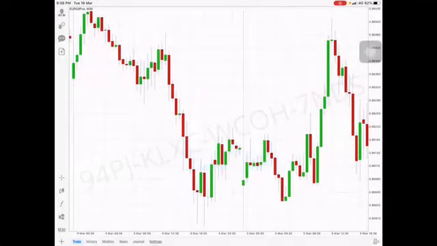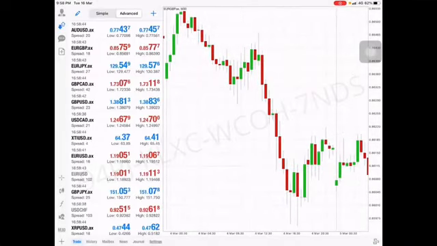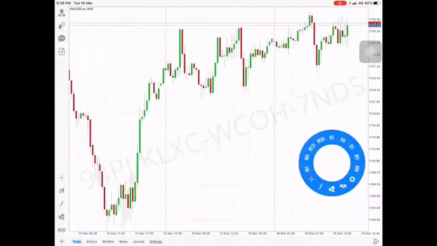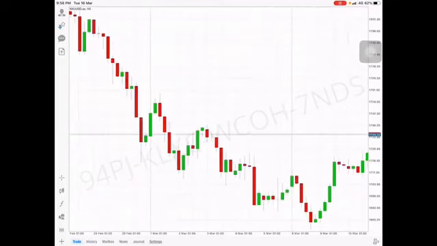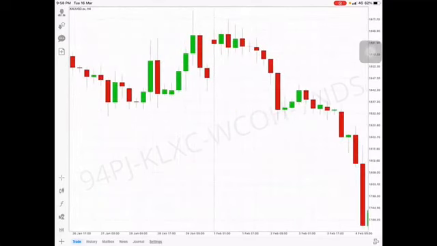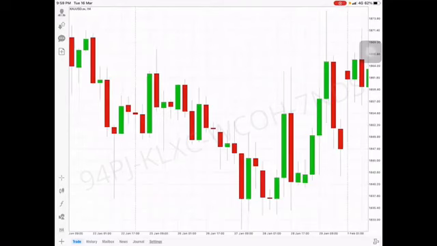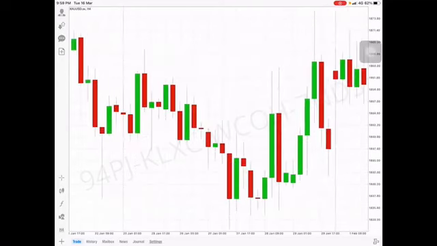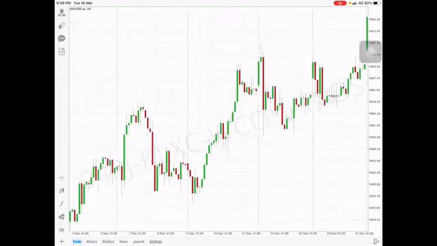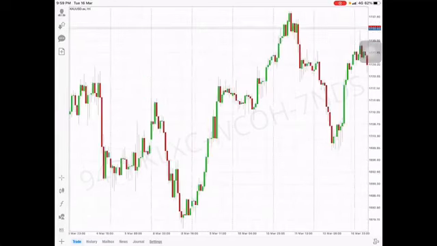Let's see. I'm gonna use the gold chart because I'm used to gold. It's easier for me to use and to show you examples. For example, let me try to find one. I'm gonna go to H1. This is today.